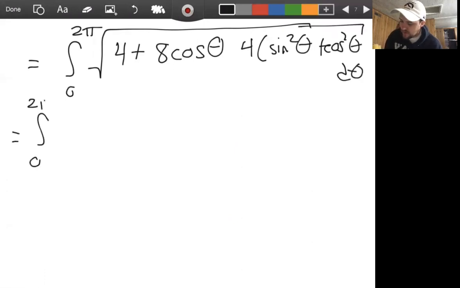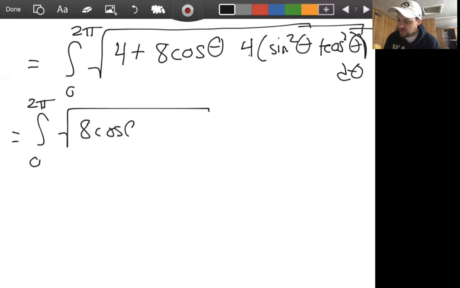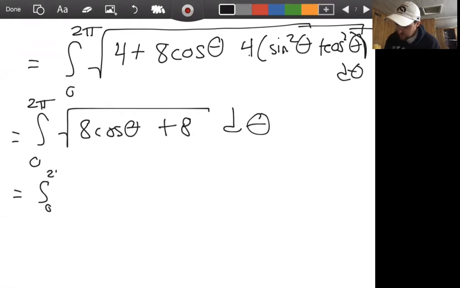We know that sine squared plus cosine squared is just 1, so we have 4 plus 4. Our result is then 8 cosine theta plus 8. If we pull out a 4 from this piece here, then we have the integral from 0 to 2 pi.